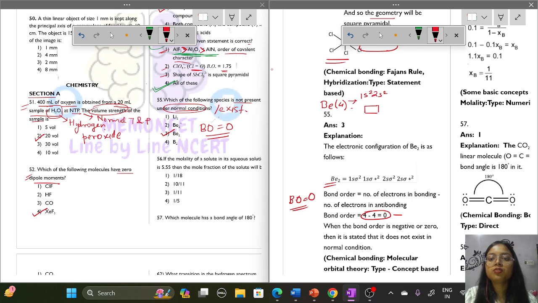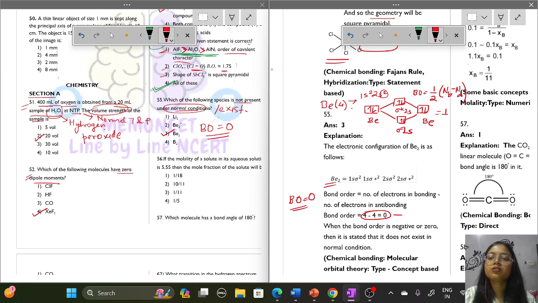For 2s we have to draw the atomic orbitals like this. This is for beryllium, this is for the other beryllium, this is the sigma 2s orbital, and this is the sigma star 2s orbital. For this beryllium there are 2 electrons, and for the other beryllium also there are 2 electrons. And the formula of bond order is half times the number of bonding electrons minus the number of anti-bonding electrons.